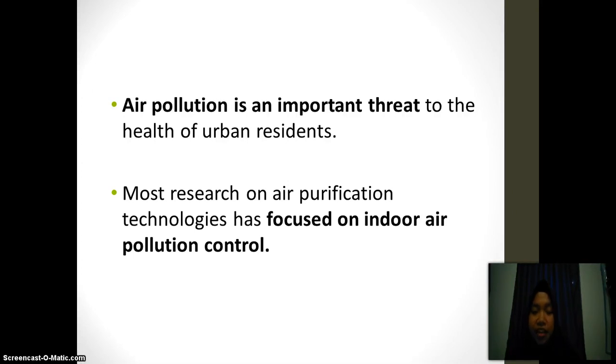The other reason is that most research on air purification technologies has focused on indoor air pollution control. Why? Because pollution indoors is more dangerous than outdoors.